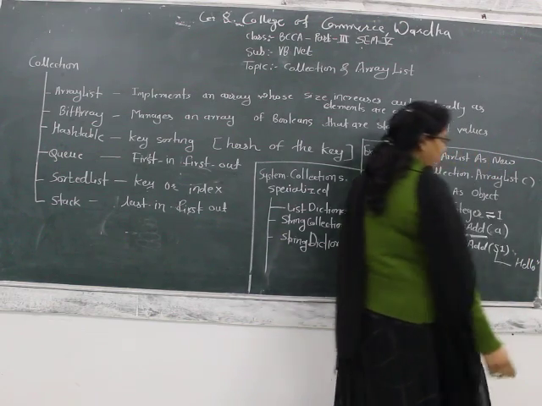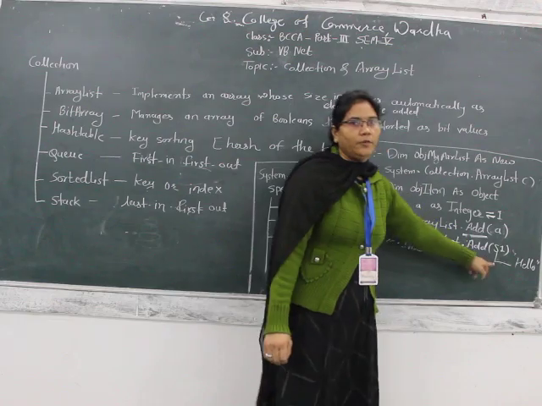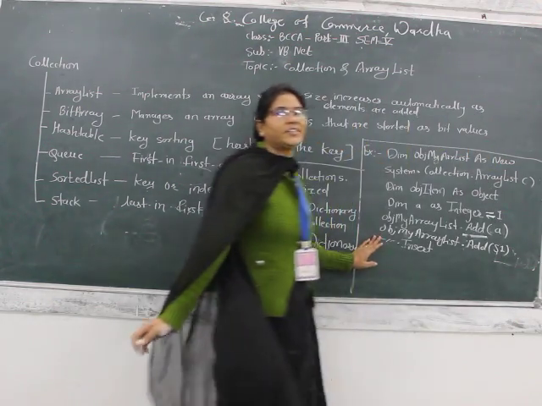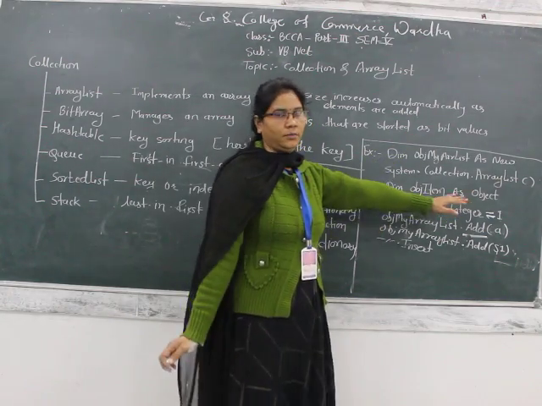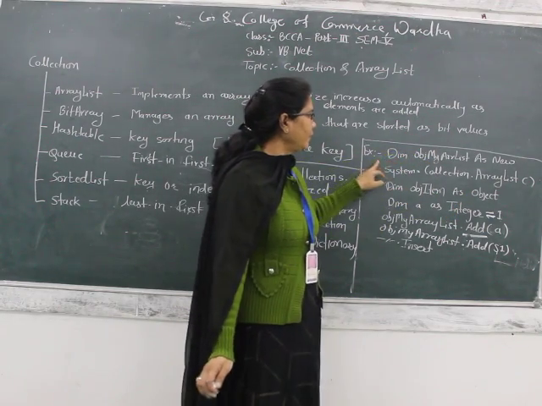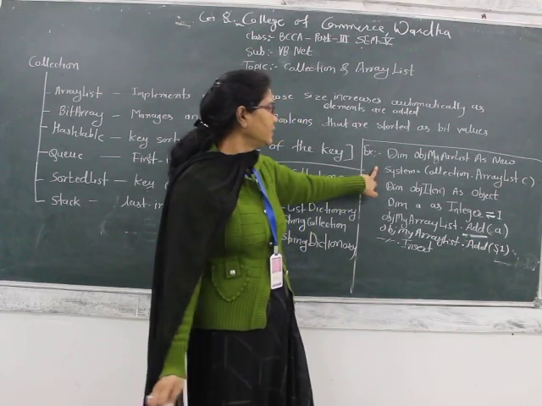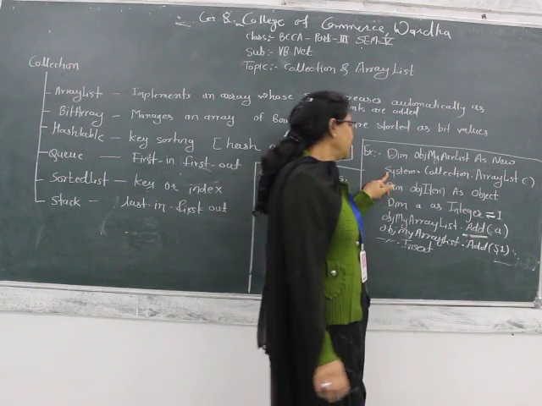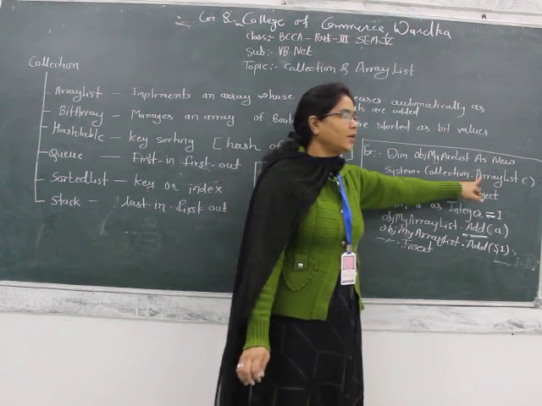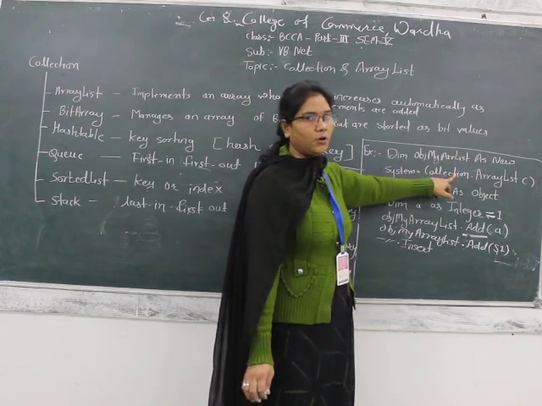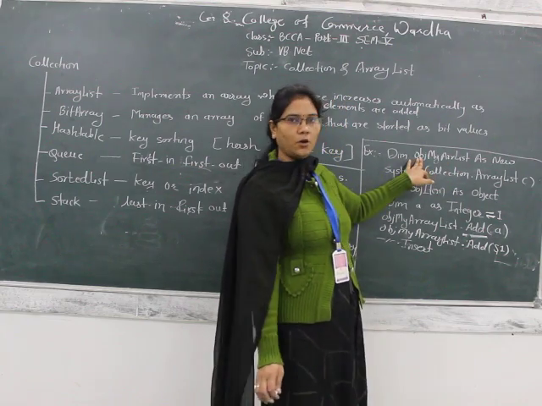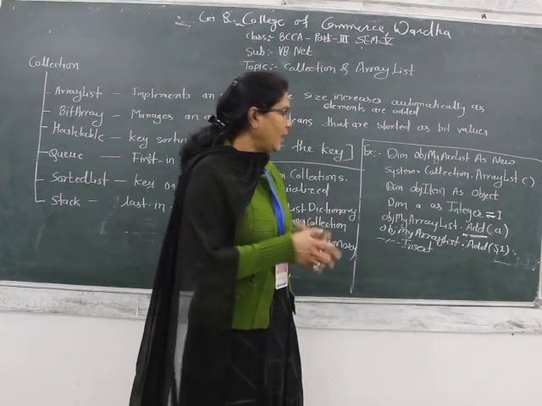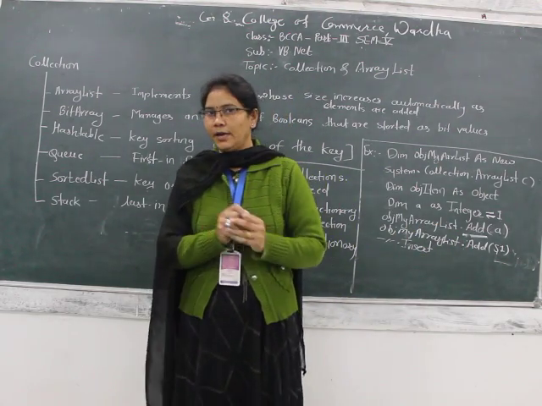But before that we have to create that particular variable with the hello value. So we can add any number of elements in that array list by using the object created by the syntax Dim object name As New System dot Collection dot ArrayList, and by using the Add method.